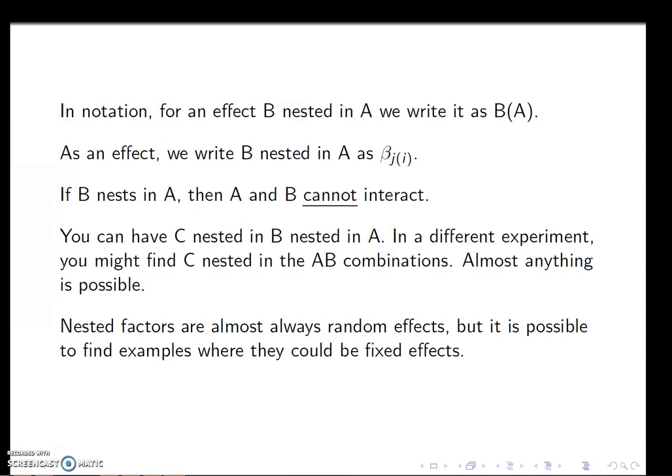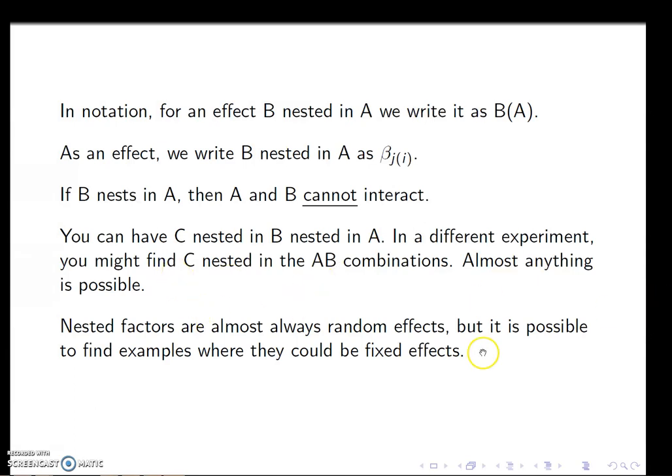Okay, so it could be different though once you involve a C factor. We could have C nested within AB combinations. So AB is a crossed combination in the traditional sense that we've always seen up until now, and then C is nested in there. So again, imagine A is a bull still, and it's crossed with some other factor having to do with, I don't know, the method of fertilization or something.